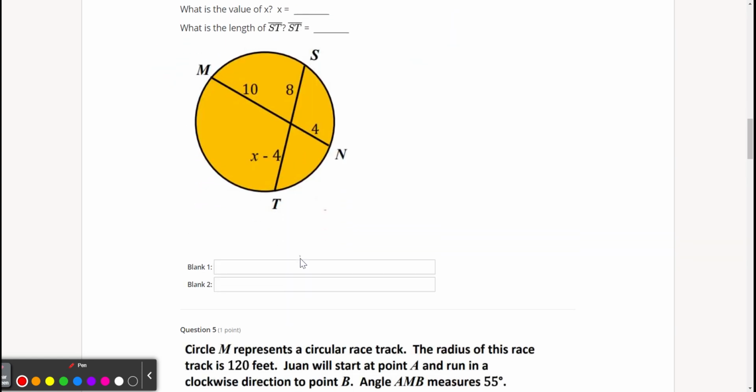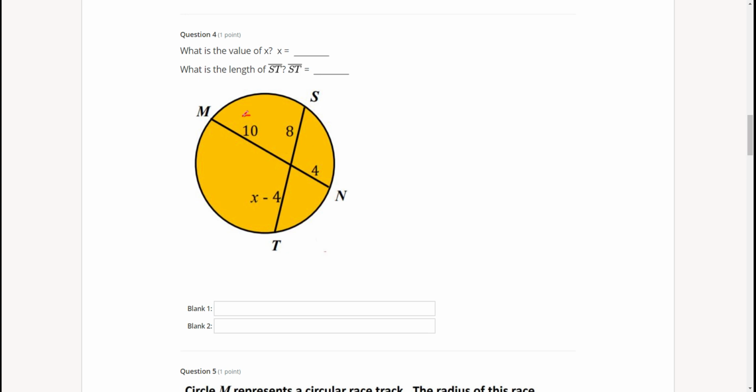Okay. In question number 4, it's the same thing. What do I multiply with the 10? 10 times 4. And what do I multiply with the 8? X minus 4. Please make sure once you find x, and I think x equals 9, did x actually equal 9?